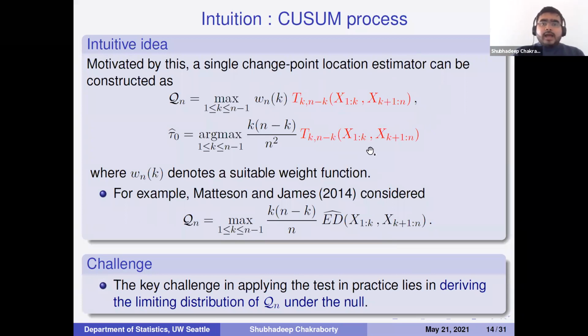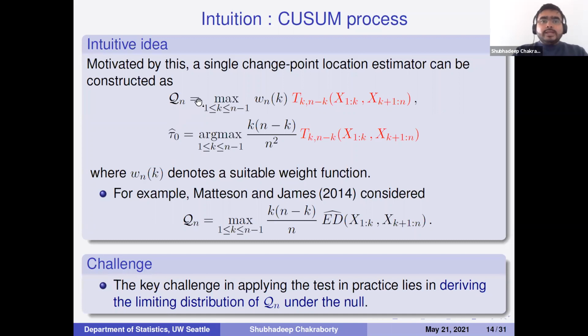So that's the idea. And the maximizer of these, we call the candidate change point location, tau naught hat. Of course, it needs to be tested whether it's a significant change point location or not.